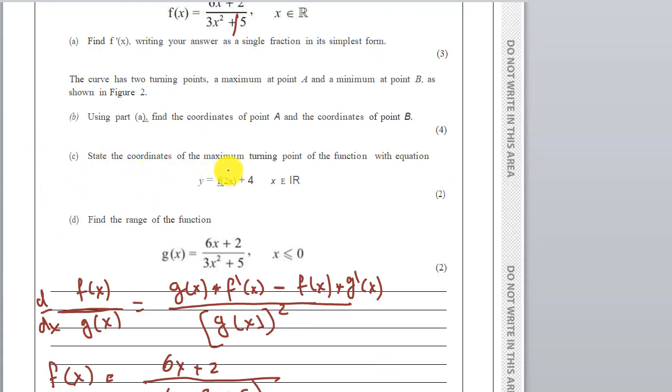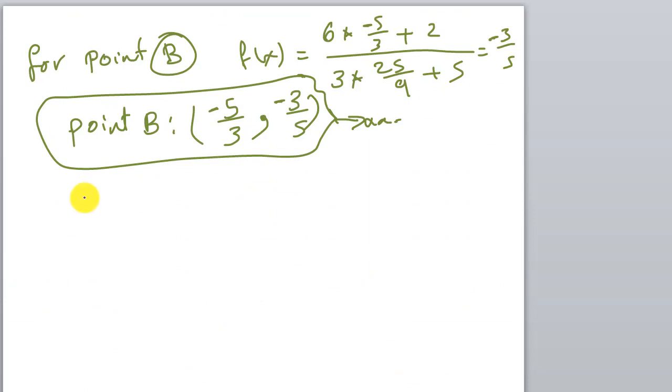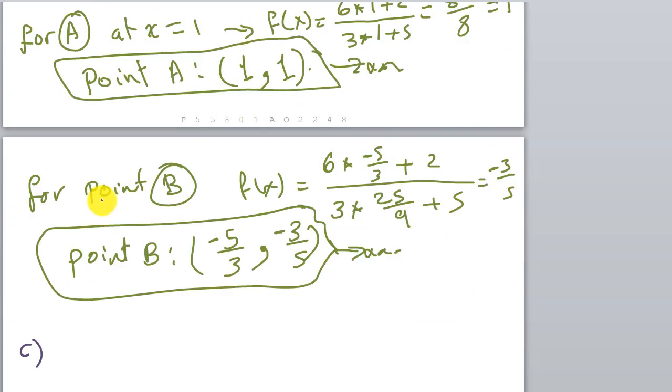State the coordinate of the maximum turning point of the function with equation y equal to f of 2x plus 4. Now this is part C. Now we know that the maximum turning point is A, 1, 1. This is the maximum.